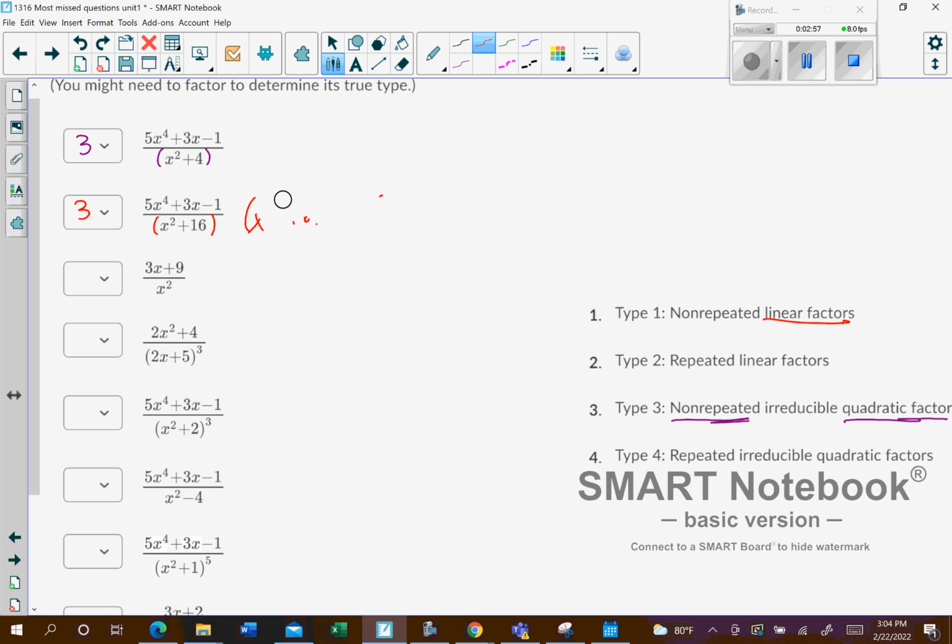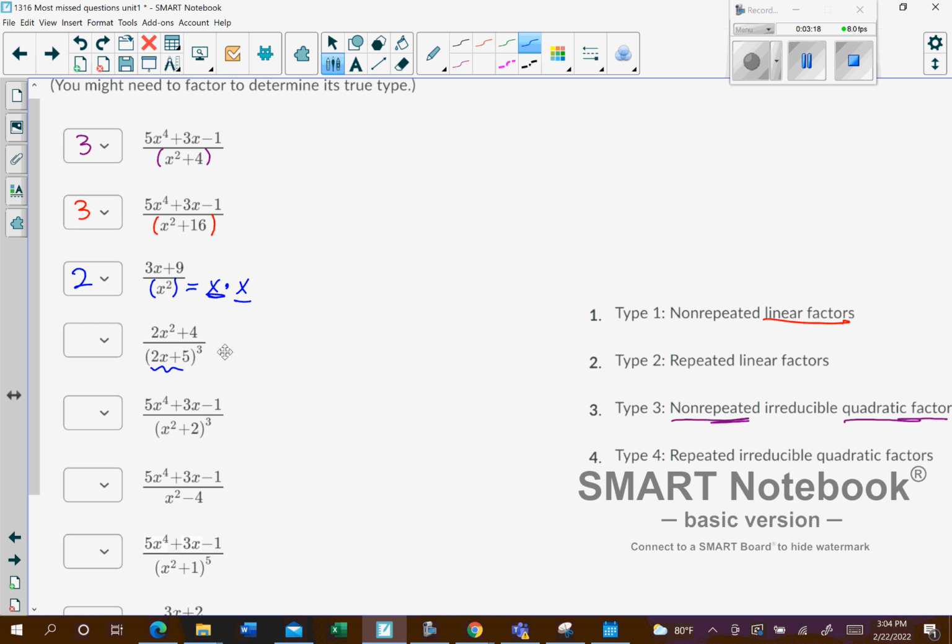Okay, then let's look at the next one. That one is going to be a repeat of linear factors because I can break that apart into x times x, and each one of those is known as a linear factor. And then the next one is actually the same thing.